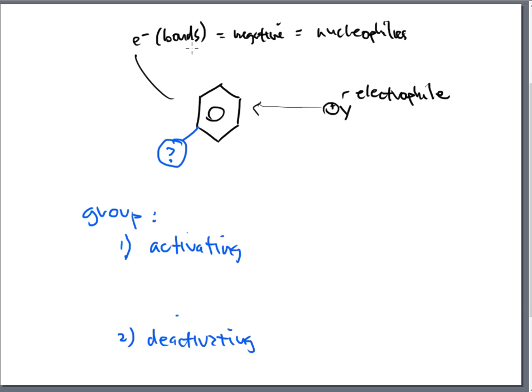If we have an activating group, then that means it increases the reactivity of benzene. Remember, I said that benzene was, ew, I don't want anything to do with anybody, right? That's what benzene does. But an activating group prevents it from having that attitude.